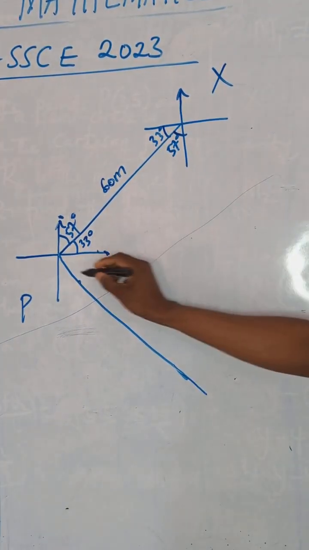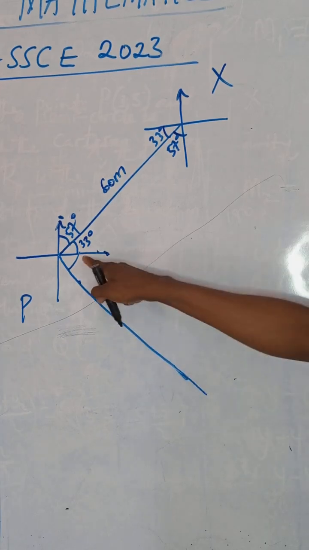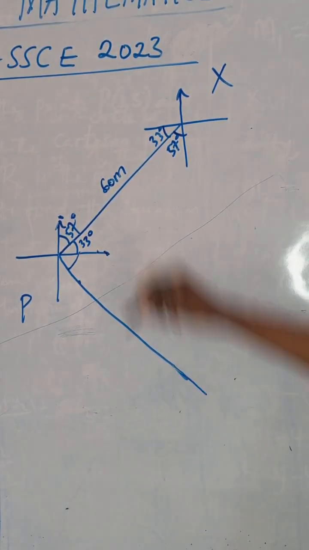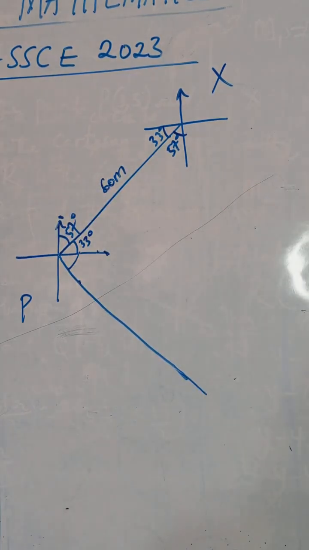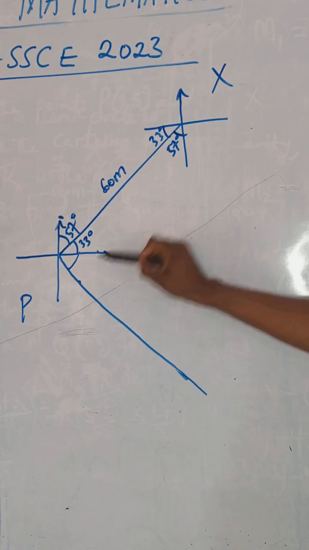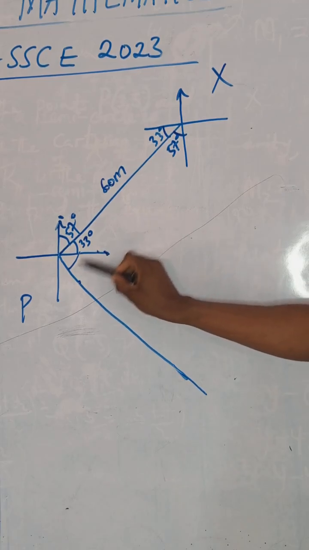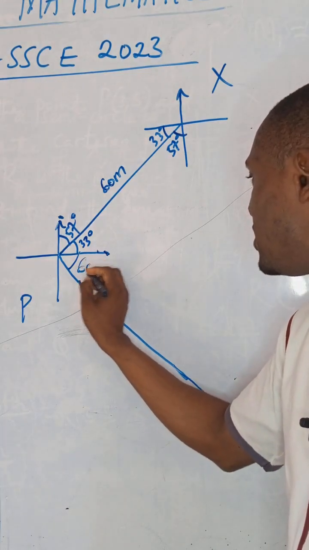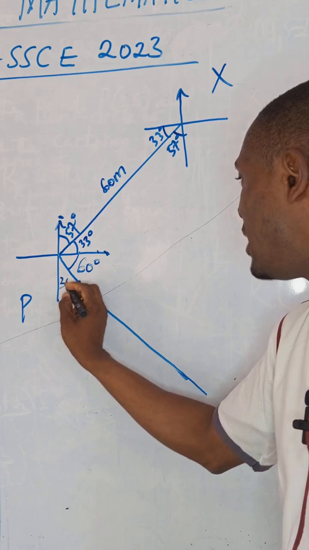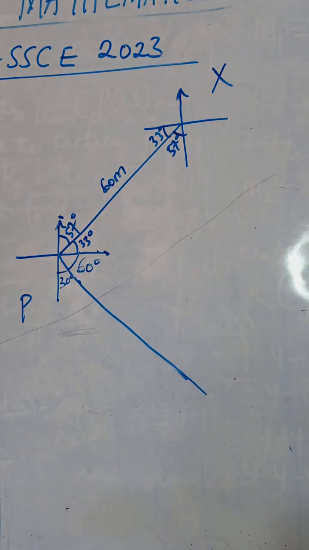Here is 90. What remains here? Since from the North Pole to this line is 150 and to this place is 90, what remains here will be 150 minus 90, which is 60. So this place should be 60 degrees, while the other place here should be 30 degrees to complete 180.